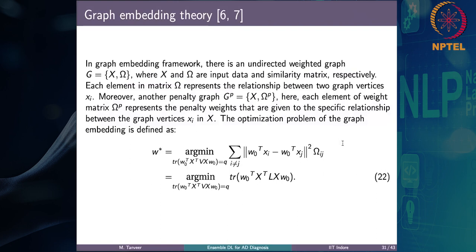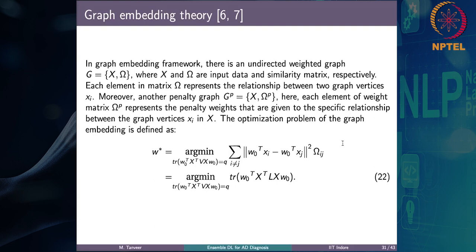And each element in the matrix sigma represents the relationship between two graph vertices xi. Moreover, we have another penalty graph GP. Here, each element of the weight matrix represents the penalty weights that are given to the specific relationship between the graph vertices in X, and the optimization problem of the graph embedding can be defined in equation 22, that is W star.